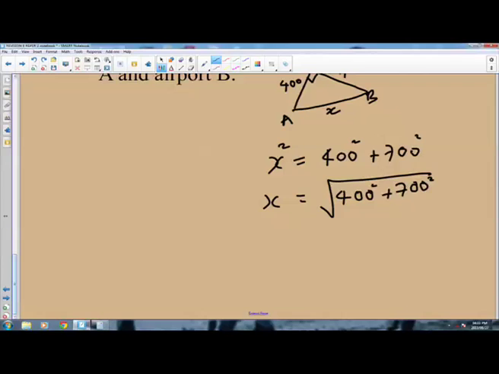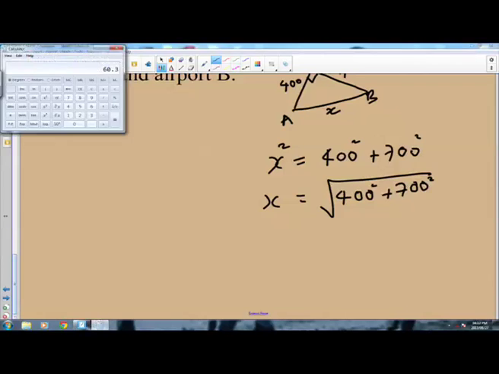Take your calculator, work out what 400 squared is and then what 700 squared is. 400 squared plus 700 squared. 700, not 7,000 but 700.